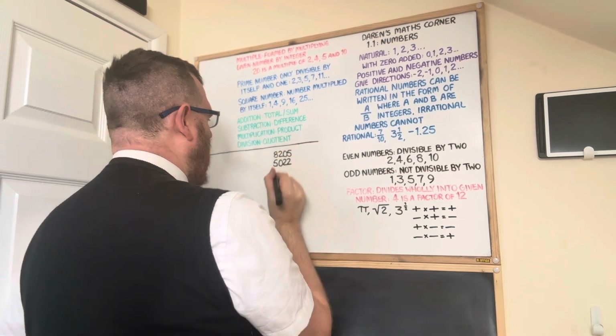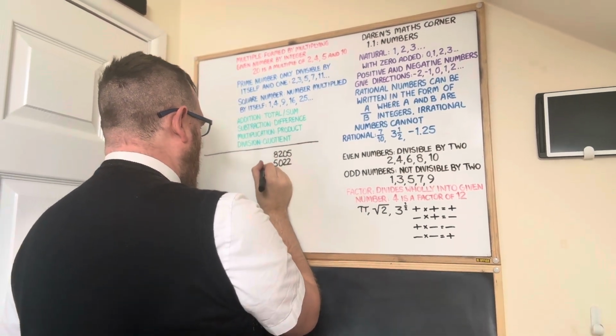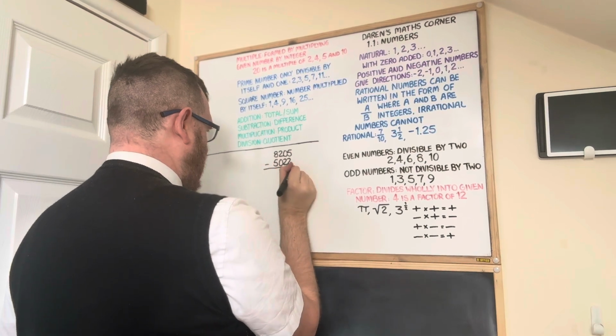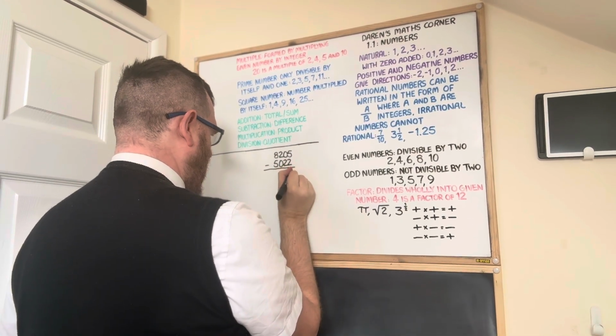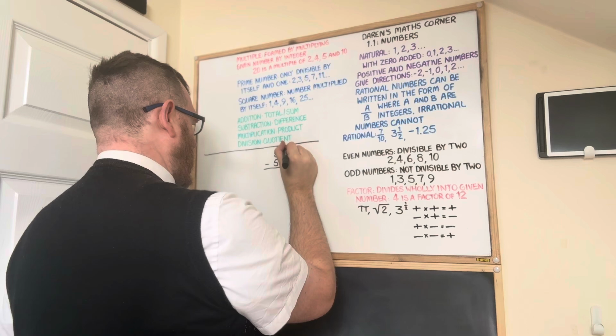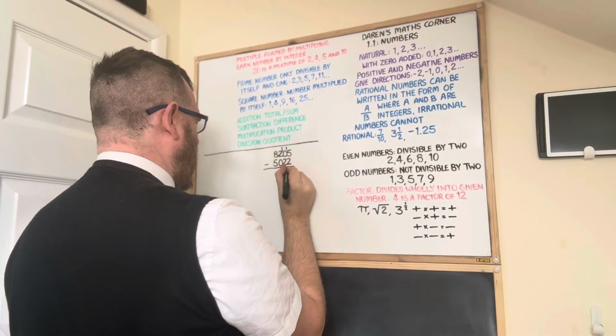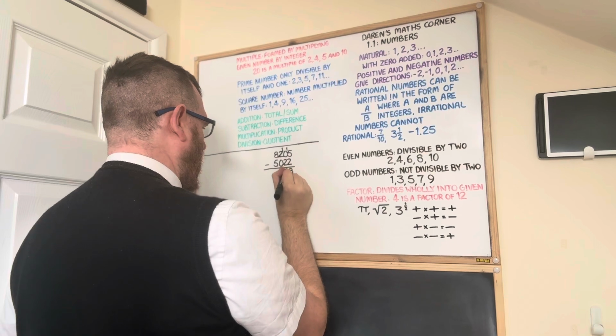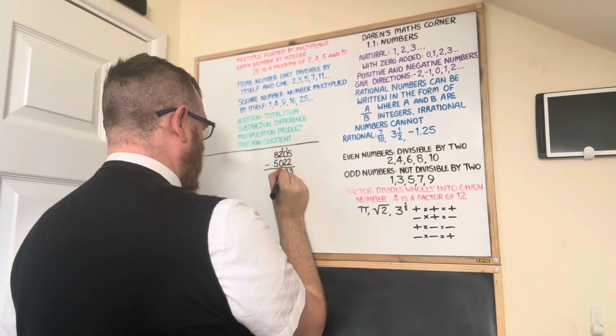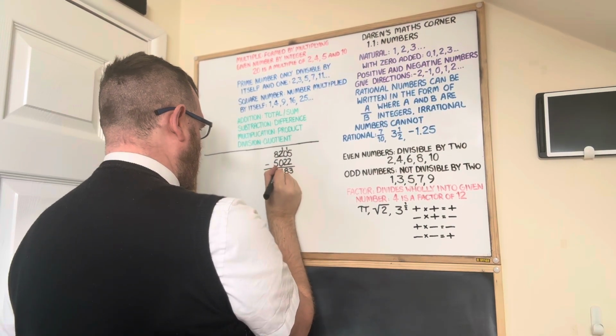And then it says write down your answer in words. But of course we need to subtract that first. So we've got 3, borrow 1 across, and then you've got 8, 1, 3.